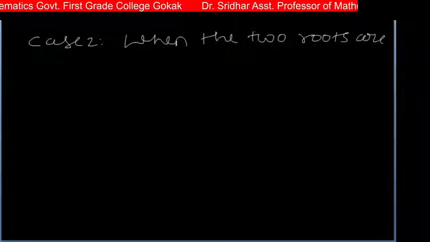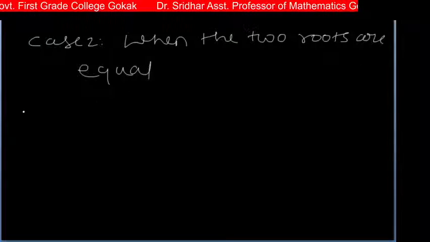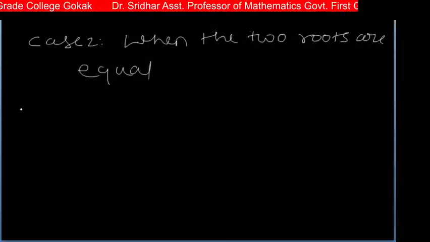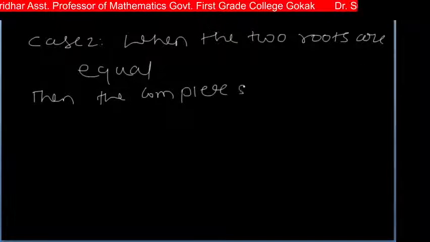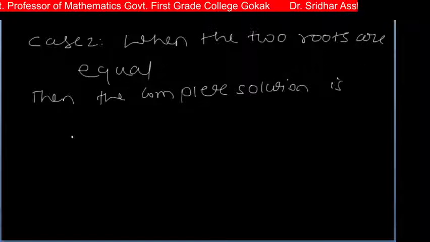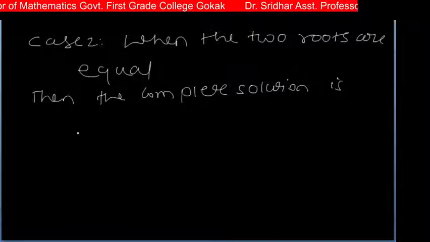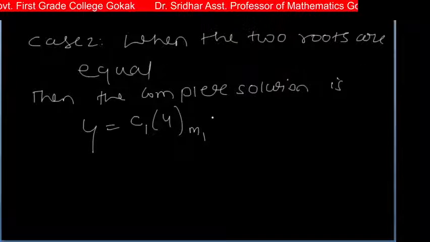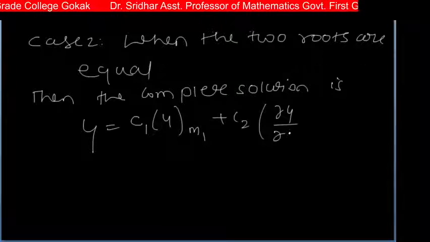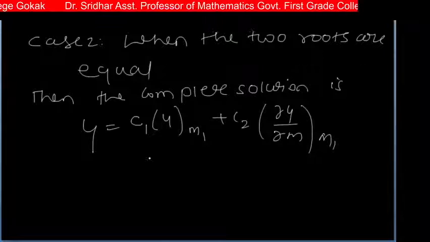Next, case 2: when the two roots are equal, then the complete solution is y is equal to c1 into y at m1 plus c2 into dou y by dou m at m1.